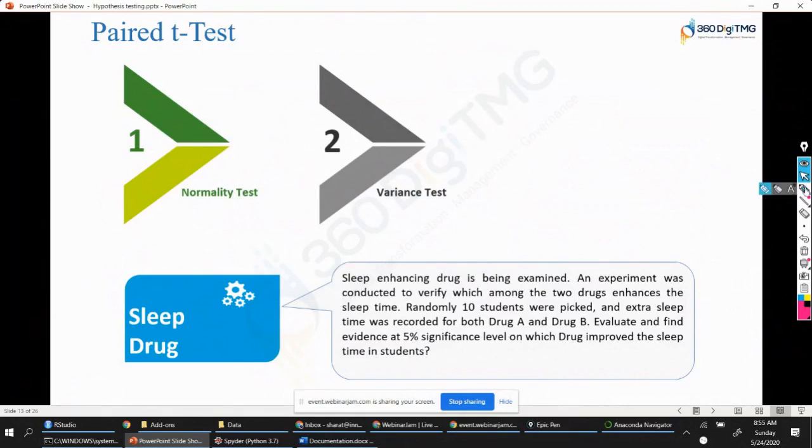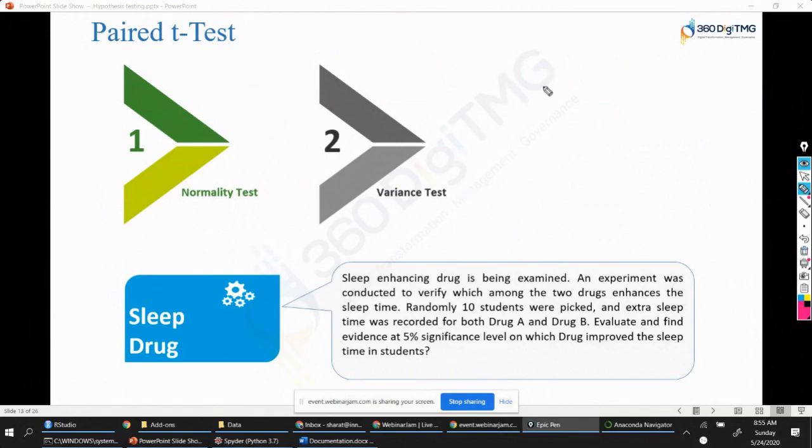So let us see the business problem. The business problem says, which drug is better in enhancing sleep? It should make sure that the person is sleeping a little more. Right? That's the idea.